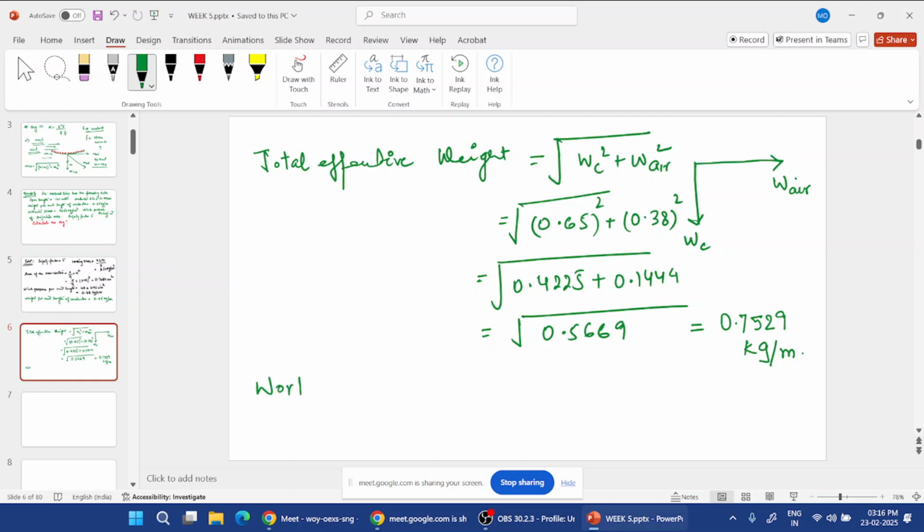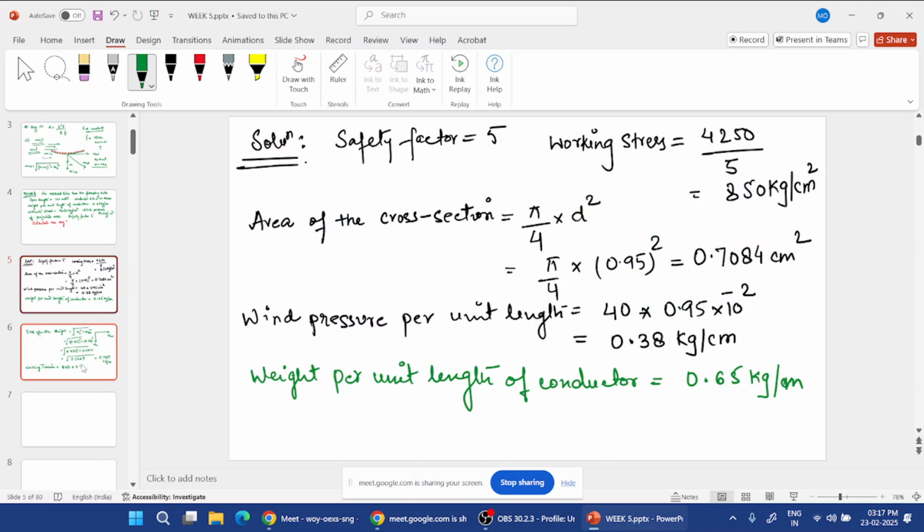Now, what will the working tension be? Working tension will be the working stress, 850, multiplied by... actually, just a second, sorry, to calculate the tension we have to multiply the stress by the area, which we just calculated.